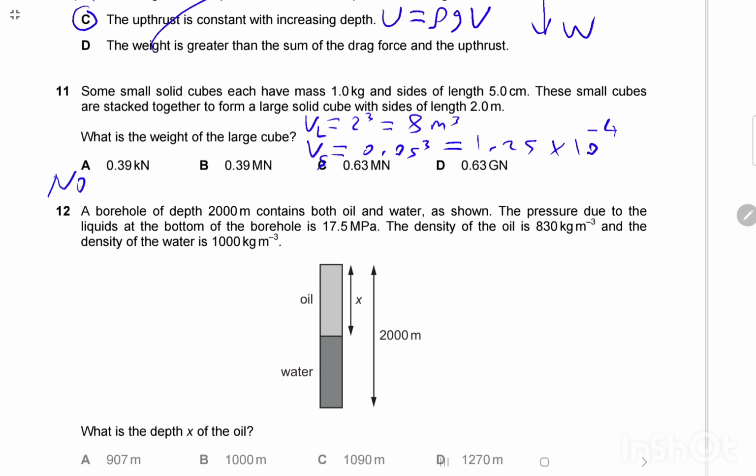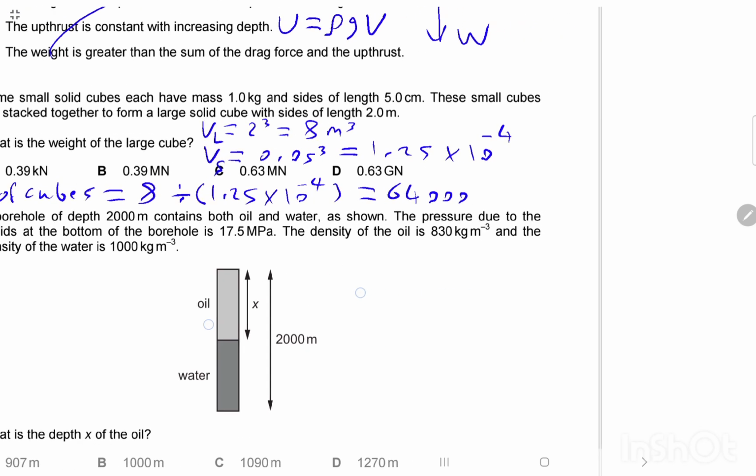So the number of cubes will be 8 divided by 1.25 times 10 to the power of -4, and this will be 64,000 cubes.